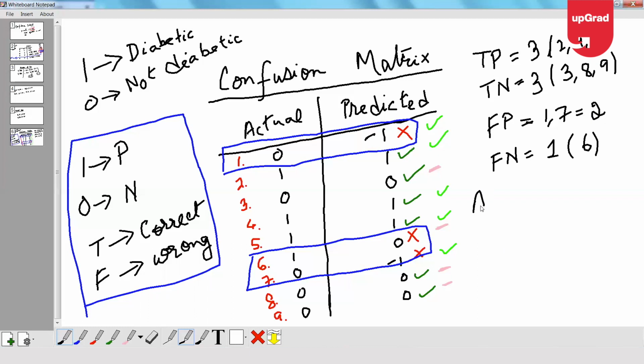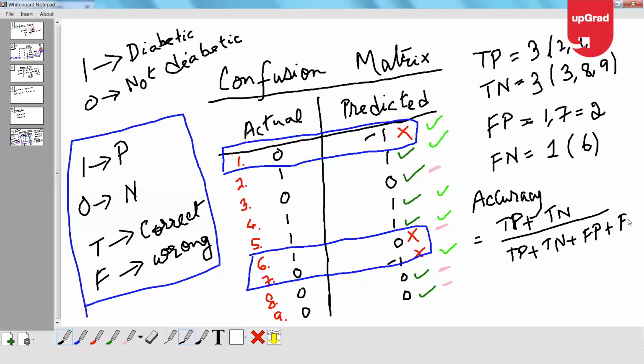So if I have to calculate the accuracy of my prediction, that will be equal to true positive plus true negative divided by true positive plus true negative plus false positive plus false negative.